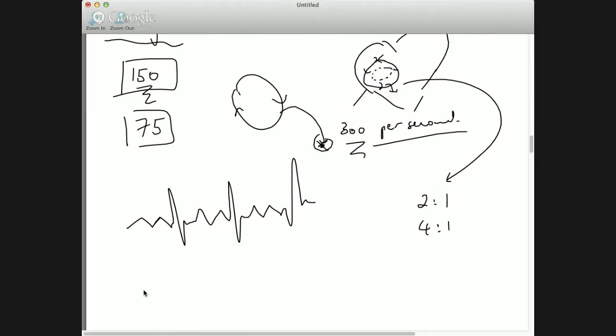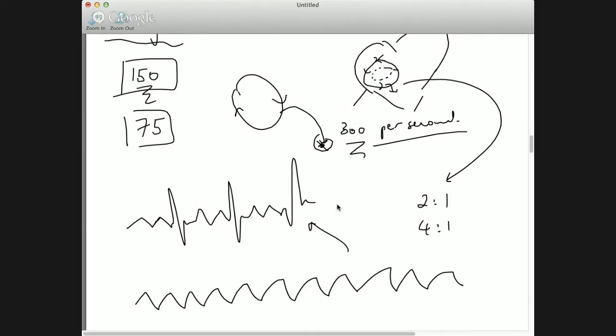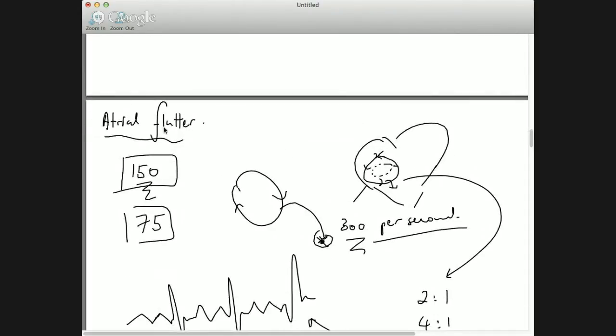If you give the patient adenosine, that ECG will become just the sawtooth, because the sawtooth is caused by the propagation of the action potential around the atria. That'll last for a few seconds, and then you'll just go back to typical atrial flutter because adenosine has a half-life of only a few seconds. So yeah, that's atrial flutter.